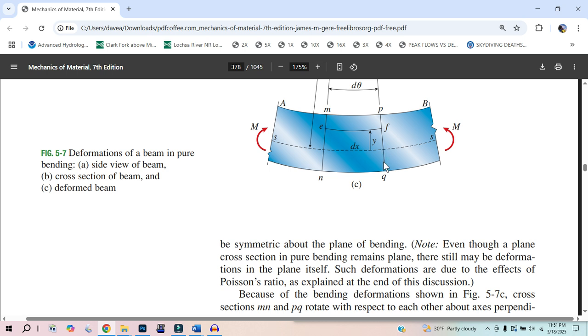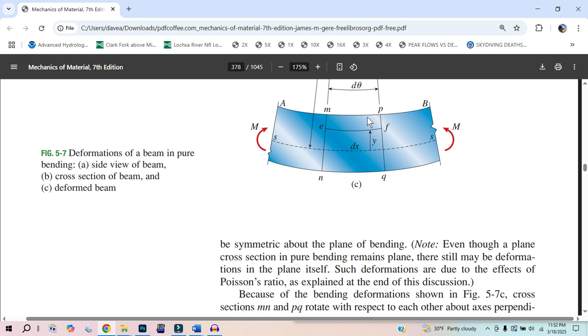So what we should find is that all of these arrows are acting this way, at some distance from this neutral axis. Those are all helping to provide that moment, and these are going that direction. So none of these forces are canceled. They're both in the direction that you would see a moment.